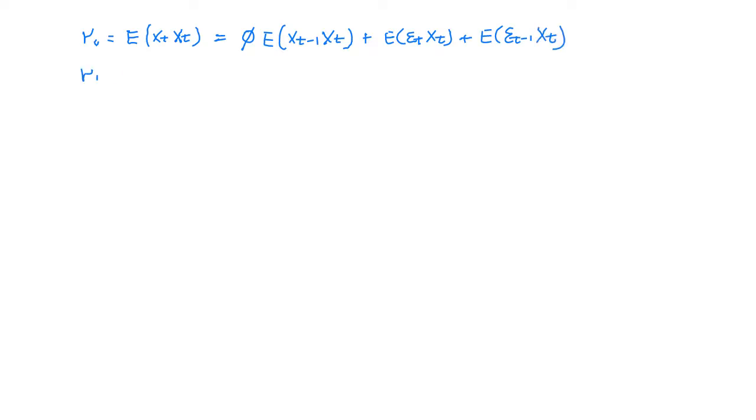Okay, and gamma 1 is Xt times Xt minus 1. Just substitute and plug in.